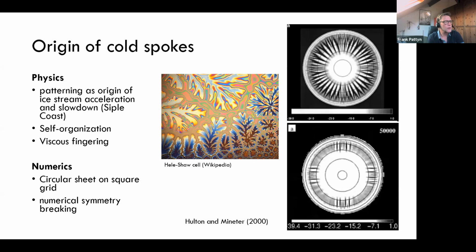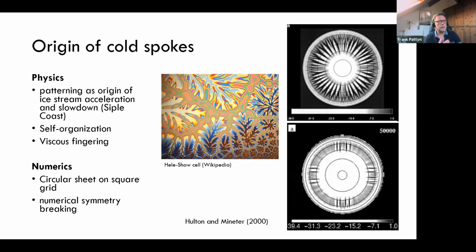It could be a physical process, as we see here in this figure of the Hill-Shaw cell. During one of the conferences, I don't know if people are around here that were at the ISMINT workshop in Grindelwald, I think at the end of 1998, Andrew Fowler asked for 2 glass plates and a bottle of ketchup to show this experiment: if you put ketchup between 2 plates and you remove the plates, then you get this patterning, as is shown in this figure.